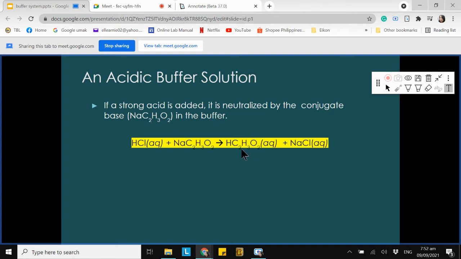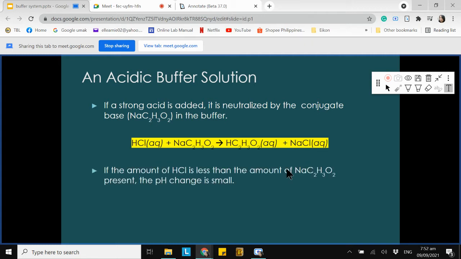And they will form acetic acid and sodium chloride. Now, hindi na natin i-consider sa equation the sodium chloride, since it is a salt and salts are not involved in buffer solutions. We also use the term spectator. Now, if the amount of hydrochloric acid is less than the amount of sodium acetate, the pH change will definitely be very, very small.